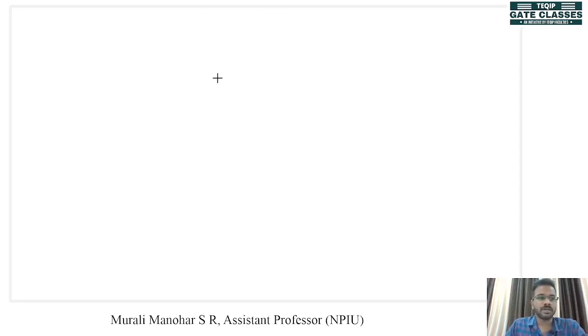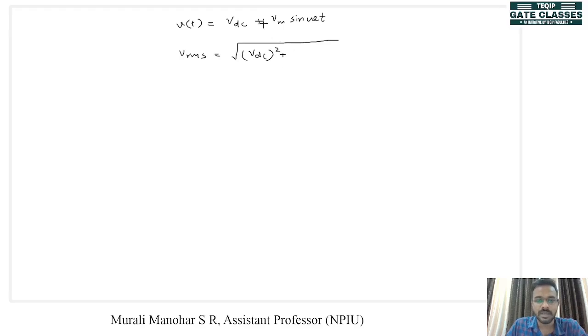Before we get into the third parameter, we have to see, if we have a signal V of t that contains both DC, VDC, and some sinusoidal signal Vm sin omega t, then what will be the RMS value of this signal? VRMS will be given by root of VDC square plus the RMS value of this signal.